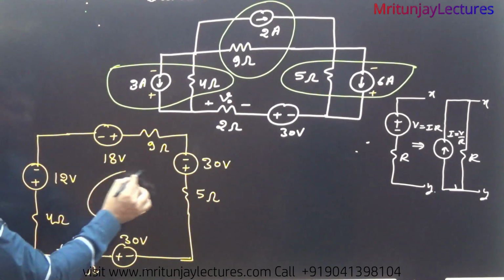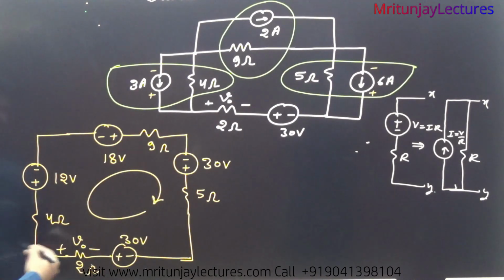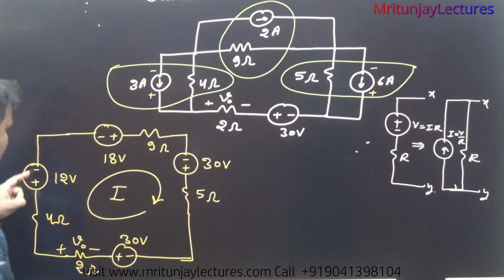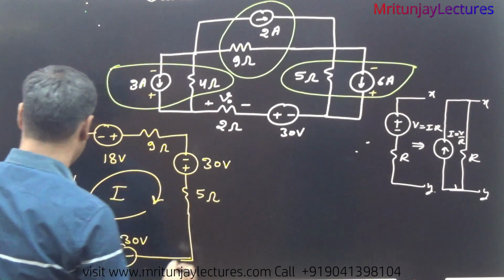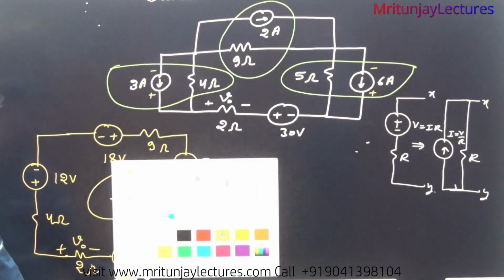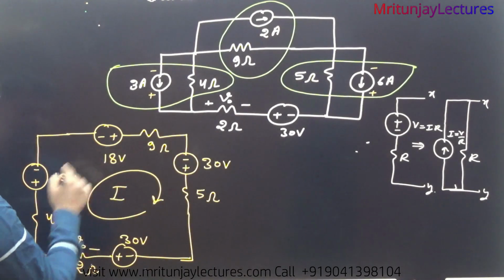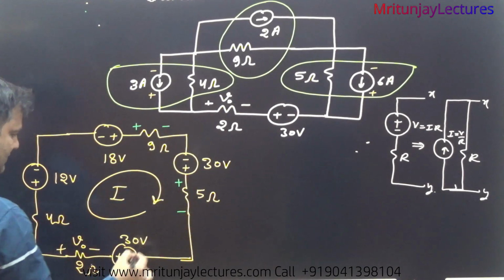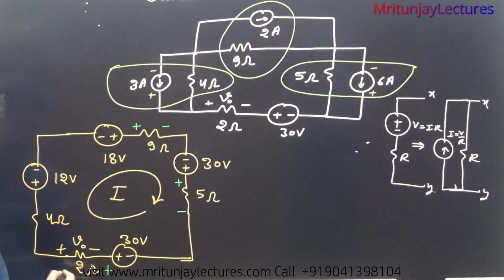After that, apply KVL in this loop. Whatever be the direction, suppose the current is I. Plus to minus. First of all, decide the current direction, so plus minus here, plus minus here. Here plus, here minus, here plus, here minus.